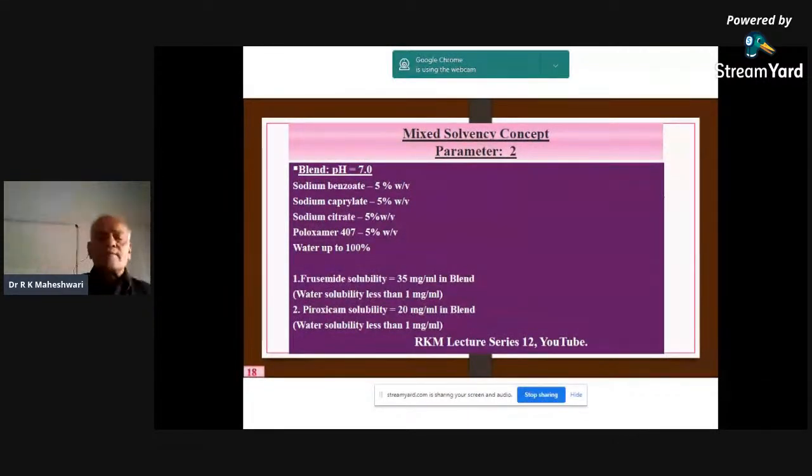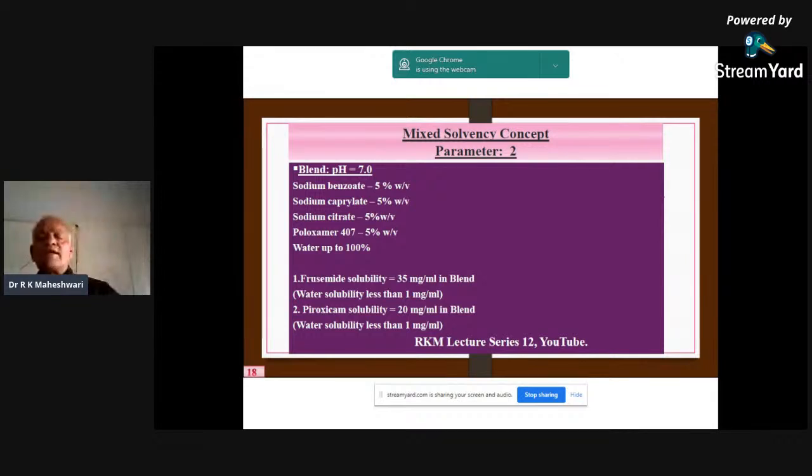Furosemide solubility in this mixed solvent blend is 35 milligram per ml, while its solubility in water is less than 1 milligram per ml. About 35 times solubility enhancement is there. Why?